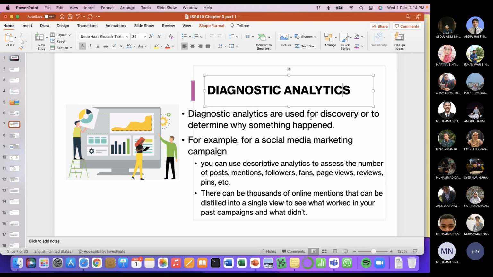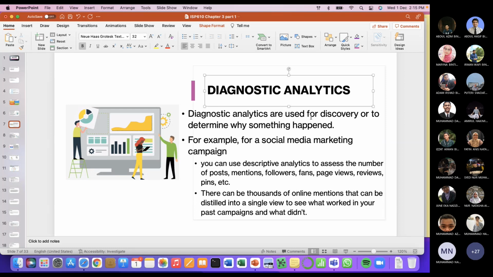from descriptive analytics, for example the number of posts and the mentions, because after doing the description about the data, kita akan dapat all those information kan. So from there we can investigate more, meaning that kalau kata nak buat sentiment tu, positive, negative, why positive, why negative, what are the factors that contribute to the positive.